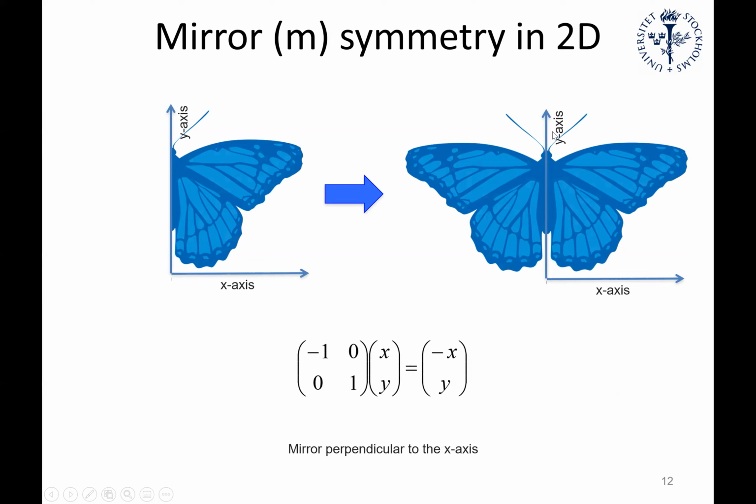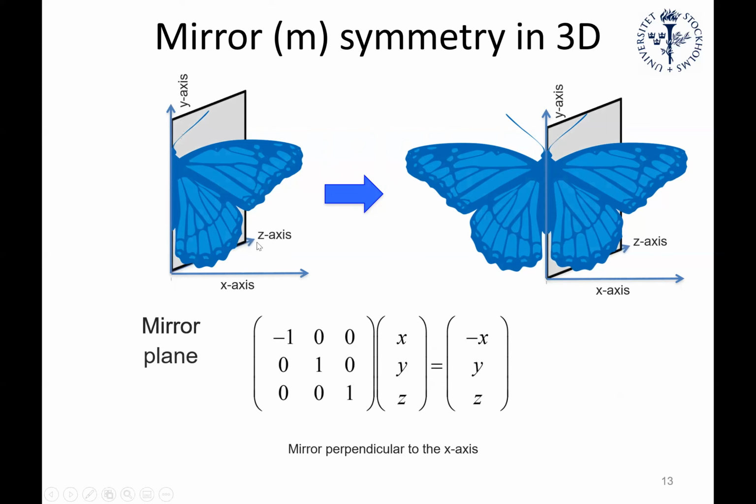So the mirror plane is parallel to the y-axis, but perpendicular to the x-axis. By using this 2x2 matrix, -1, 0, 0, 1, if you multiply it out with x, y, then you end up with -x, y. So for any coordinate here, you find the equivalent position at -x, y.